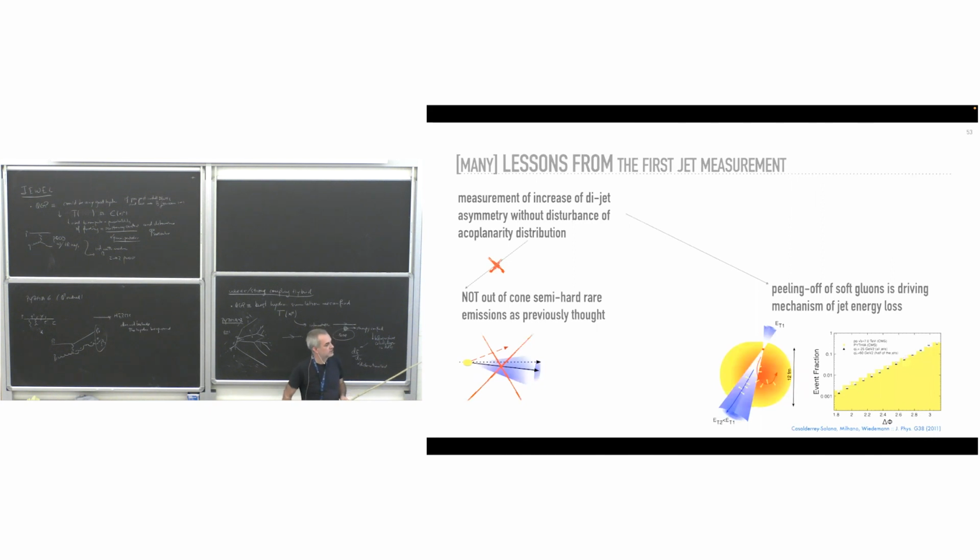So together with these 2 people, we came up in 4 days, okay, with an explanation. There's a danger of doing things in 4 days, which was, all that is happening is the peeling off of soft gluons. So soft gluons get the same wobble as everyone else, okay? But if I'm 100 GeV and I get a kick from the medium of 1 GeV, who cares?